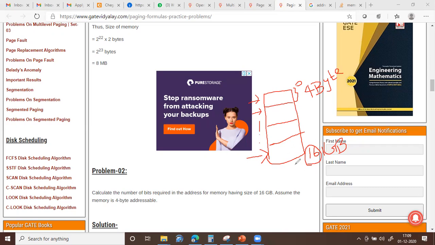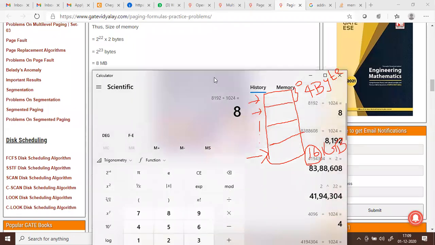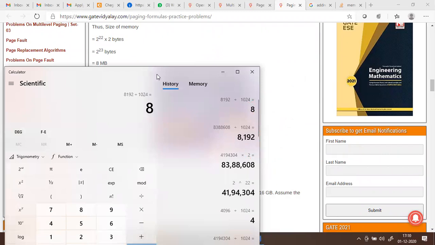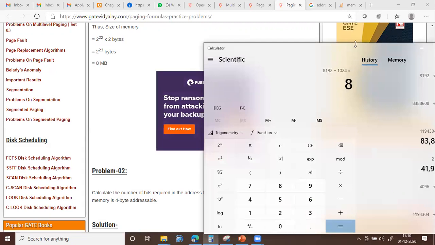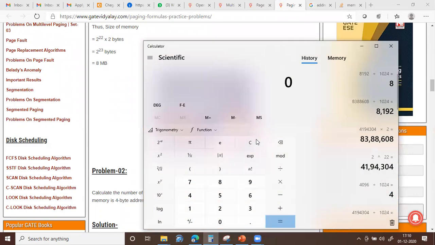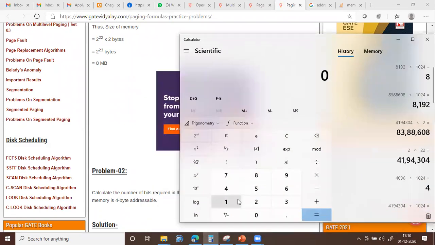So here, what should we do? First we have to convert 16 GB to bytes. 16 GB means how many MB?